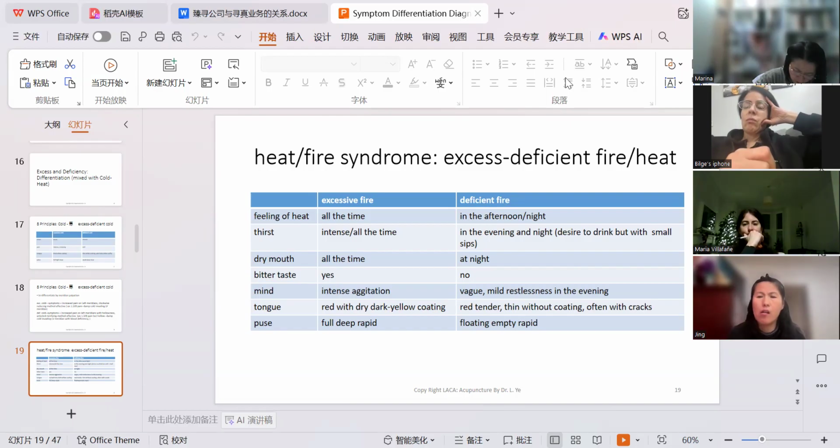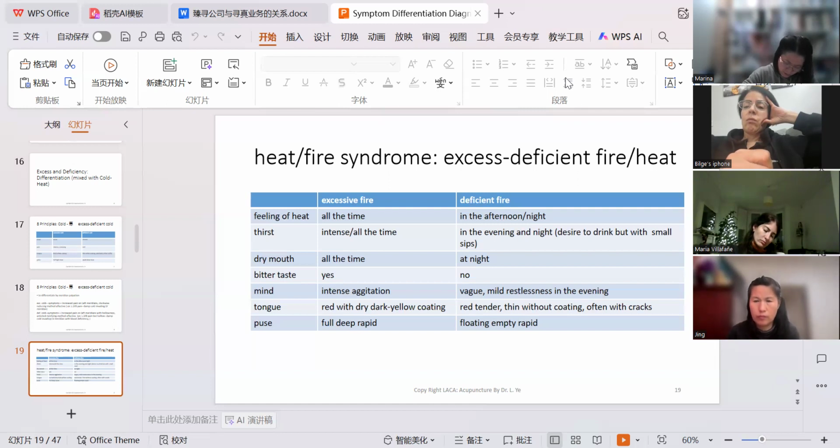The difference is that with yin deficiency, they like to drink colder water, and normally a sip of water is able to soothe the dryness and the thirst and the heat. They don't need a lot, a little bit and they'll be fine.